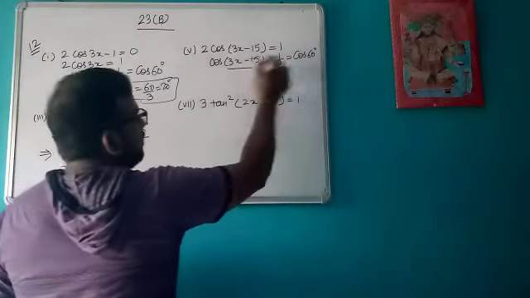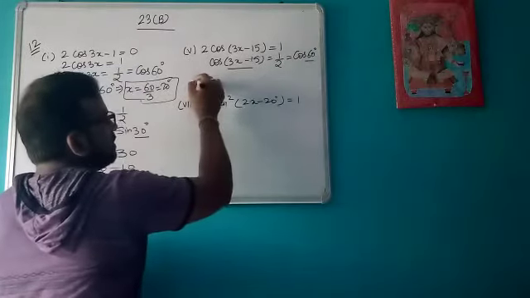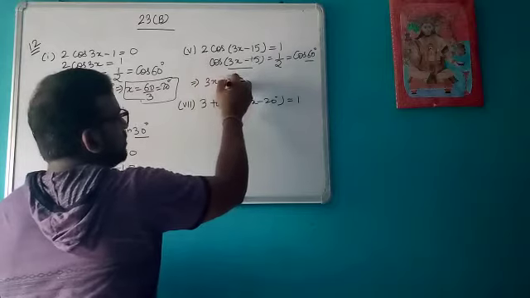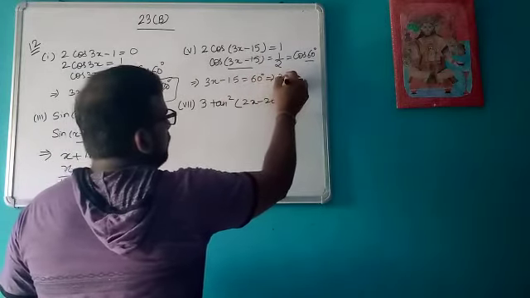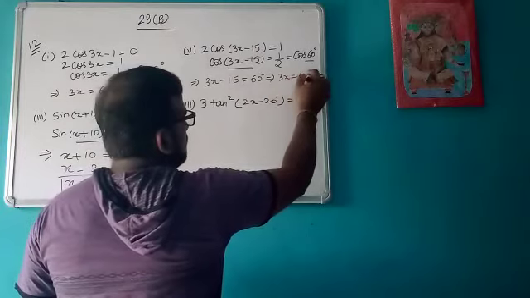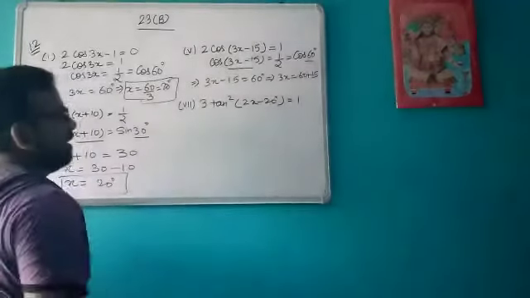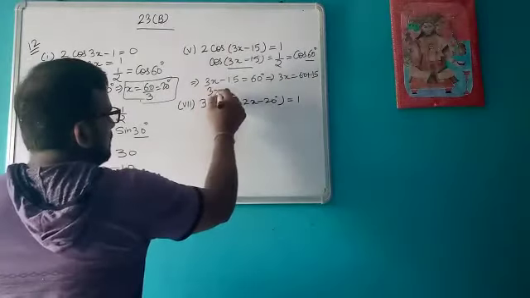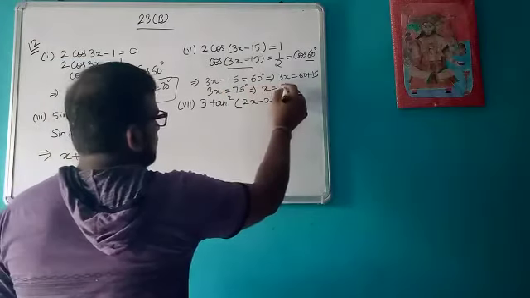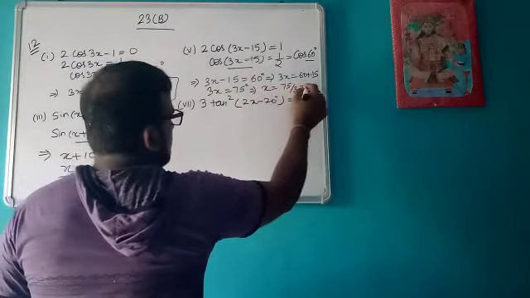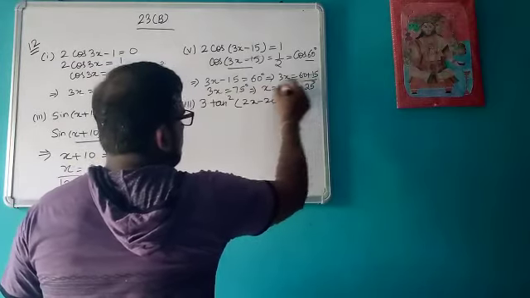So that means again we will compare these angles. You will get 3x minus 15 is equal to 60 degree, or you get 3x equal to 60 plus 15. That means 3x equal to 75 degree, or we can say x is 75 upon 3, that is 25 degree.